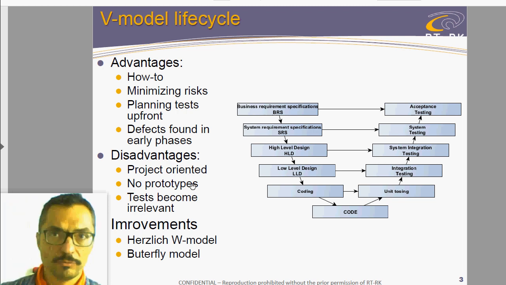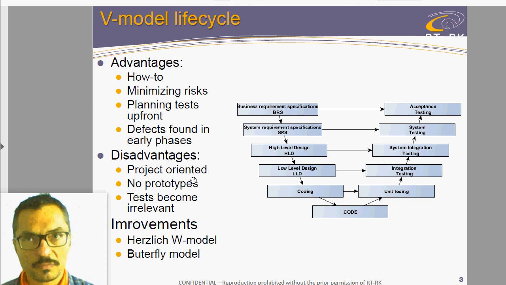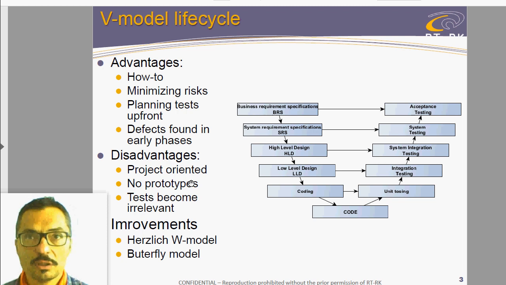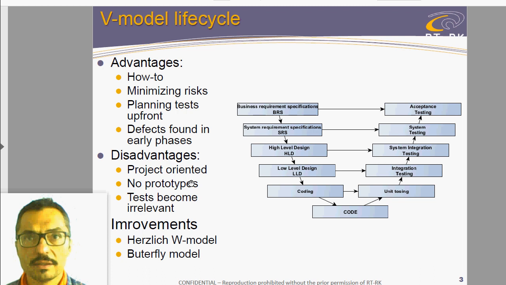So if we focus, for example, on the second phase, which can be system requirement specifications, where the requirements on the system level are created, we will need to plan the testing for these requirements at the same time.